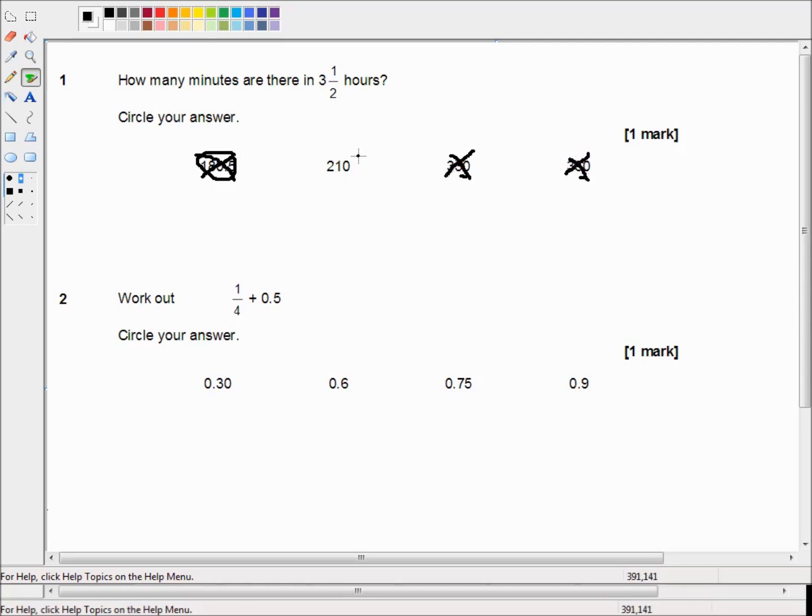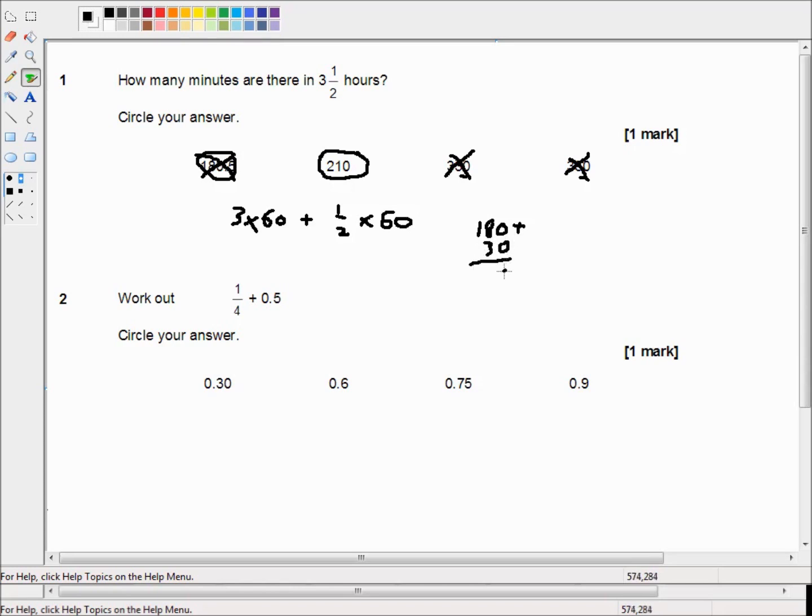But most people actually got this answer right, and the way we get 210 is that there are 60 minutes in an hour, so this is 3 times 60 plus a half times 60. Well, 3 times 6 is 18, so 3 times 60 is 180, plus, and then a half of 6 is 3, so a half of 60 is 30.